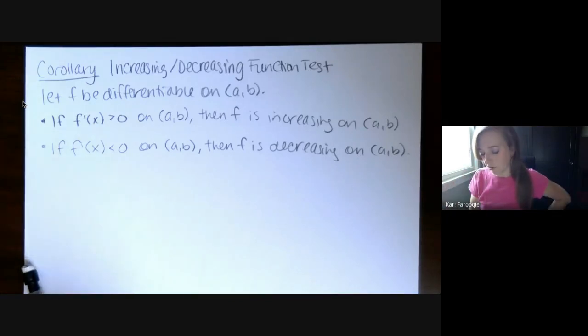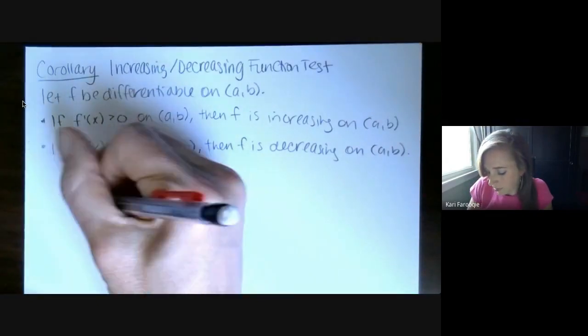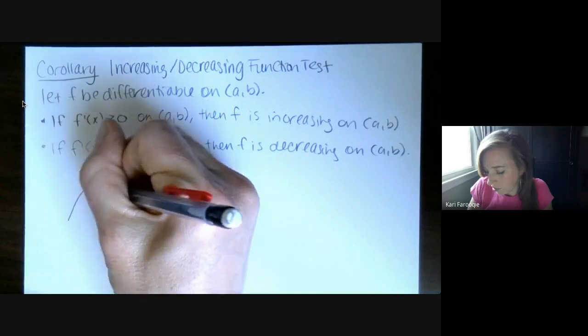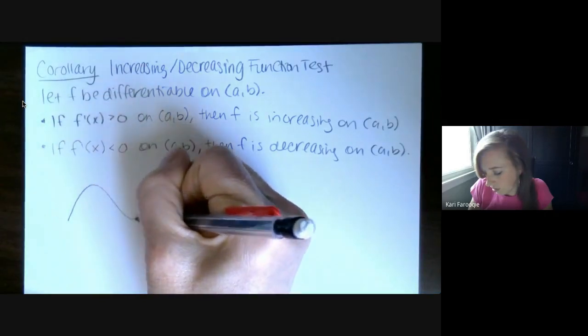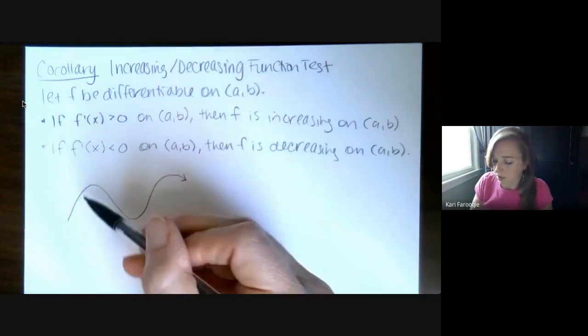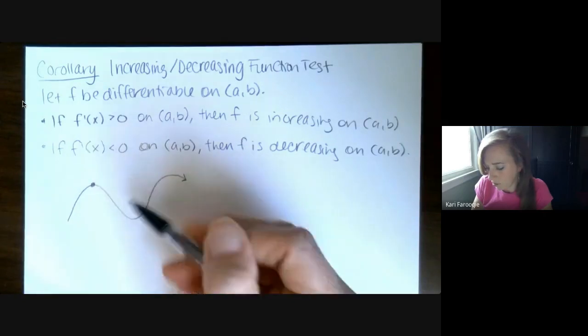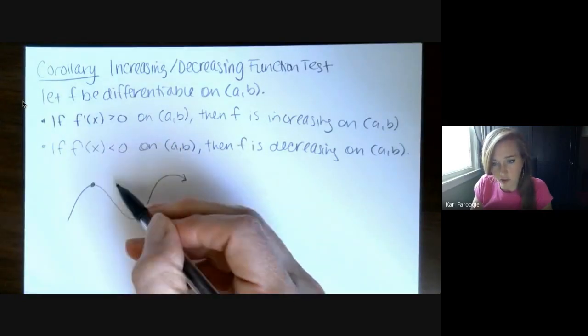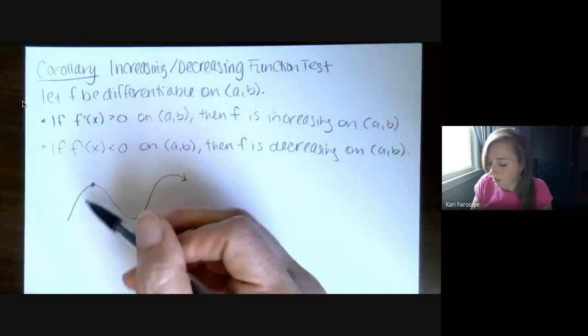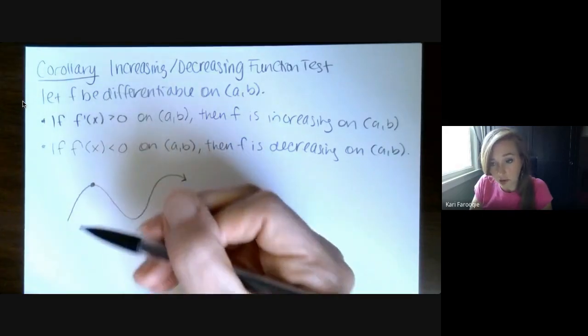Think about, for instance, if your function is increasing and then it's decreasing and then it's increasing and doing all of these things. If it goes from increasing to decreasing, it has to have this value somewhere such that it has a horizontal tangent line. But until it gets to that value, the slopes of your tangent lines are all going to be positive.